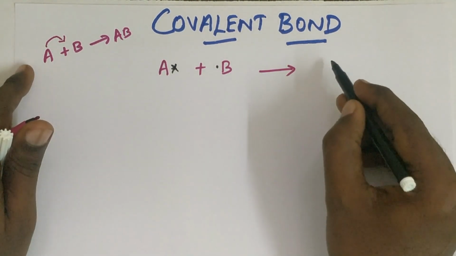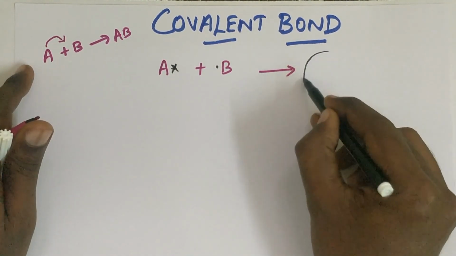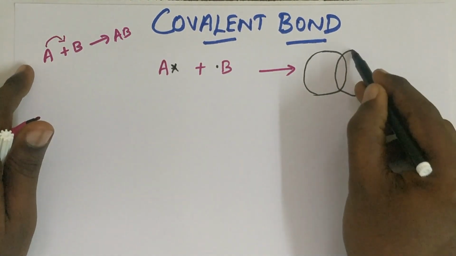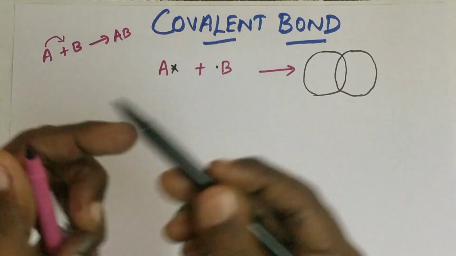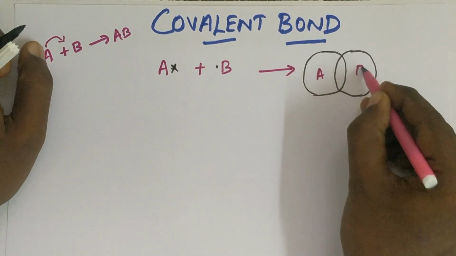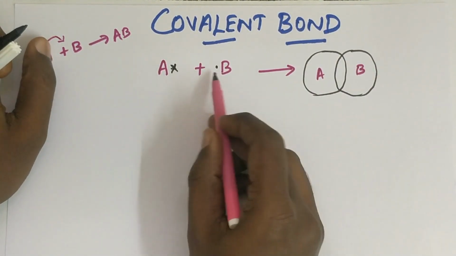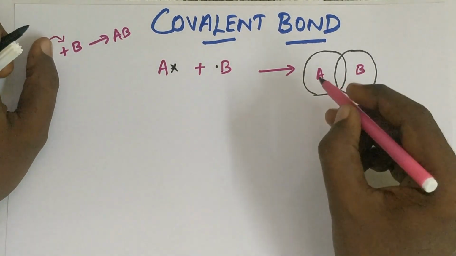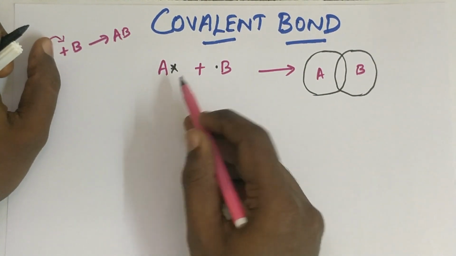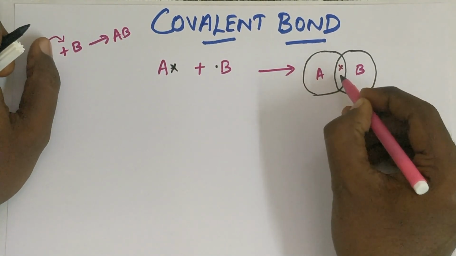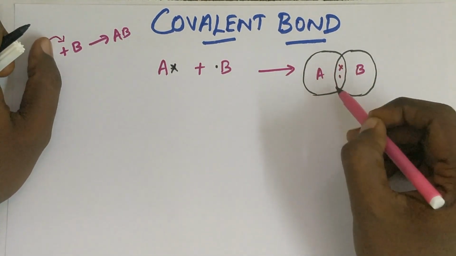How is this molecule formed? These electrons are contributed to each other to form a pair of electrons.